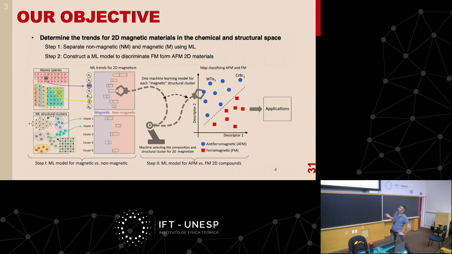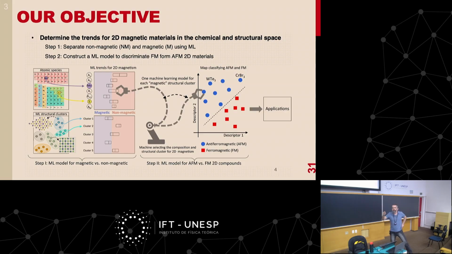And what we wanted to do is the following. We wanted to train some machine learning model to predict whether a material is going to be magnetic or not. Okay, very simple toy here just to train the students. As I'm going to tell you at the end, I don't think this is very useful nowadays, okay? People are not using this.